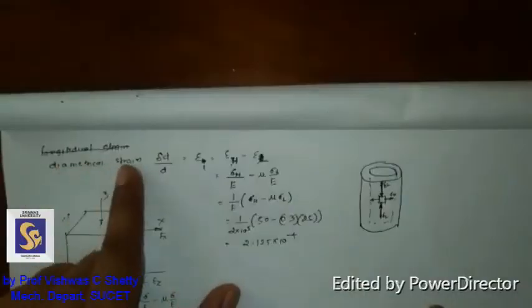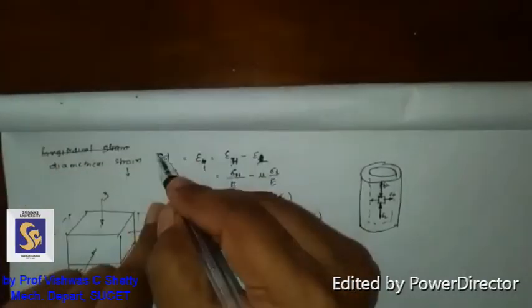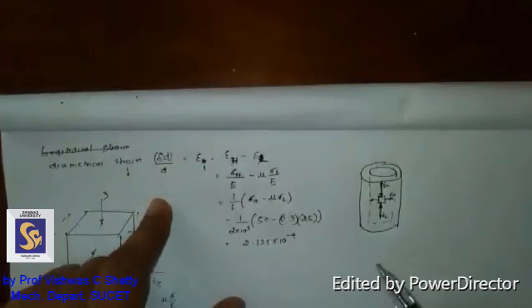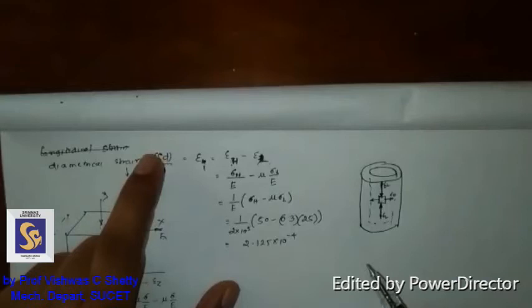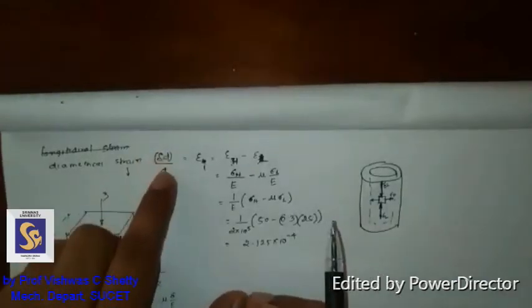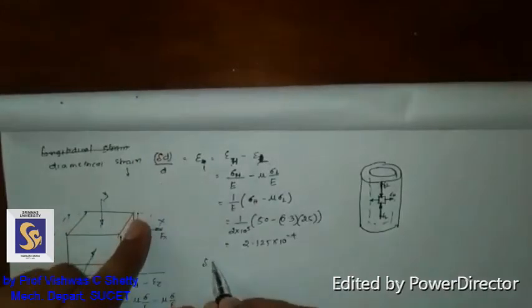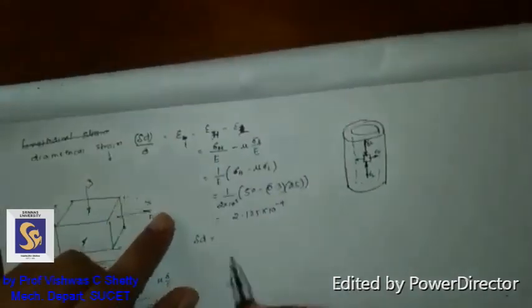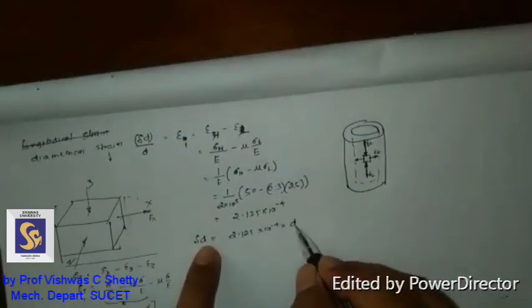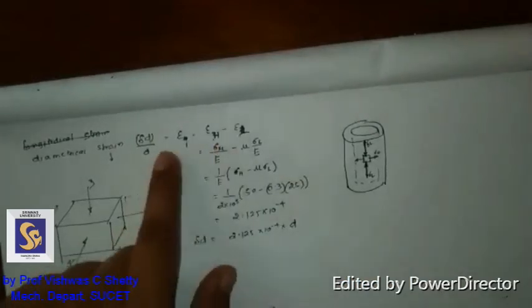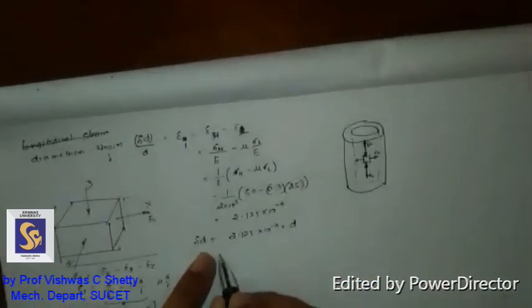So now you have calculated the diametrical strain, correct? This value is change in diameter upon D. They have asked for the change in physical dimension, so change in length as well as change in diameter. So can you multiply this value into D? You will get the change in diameter, since you are multiplying the denominator.